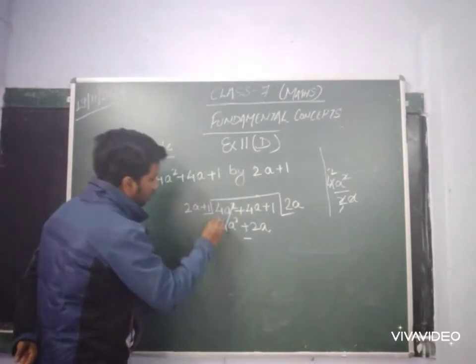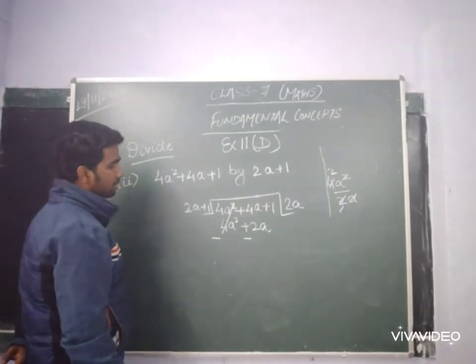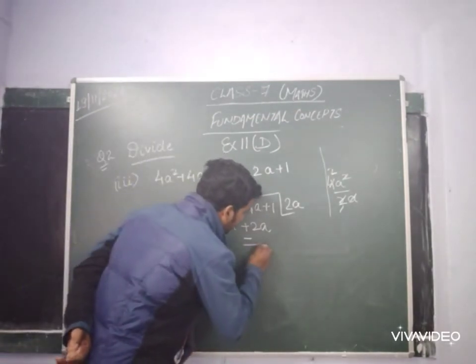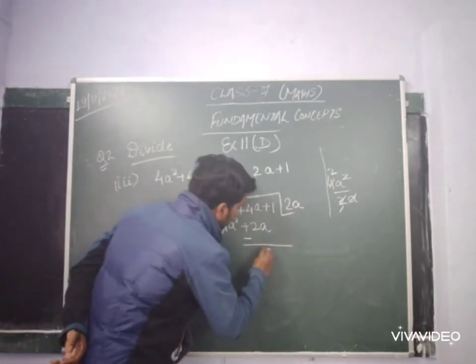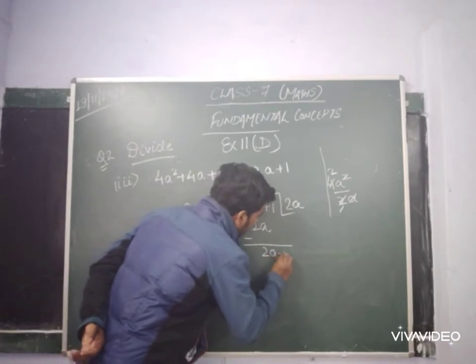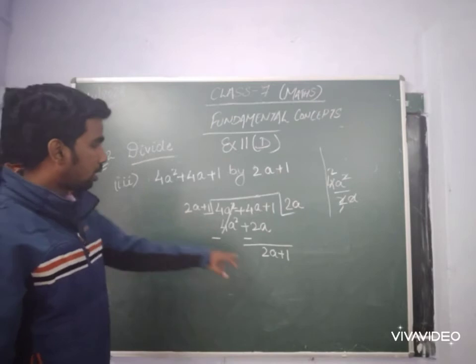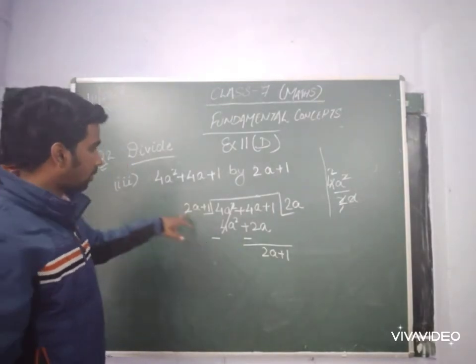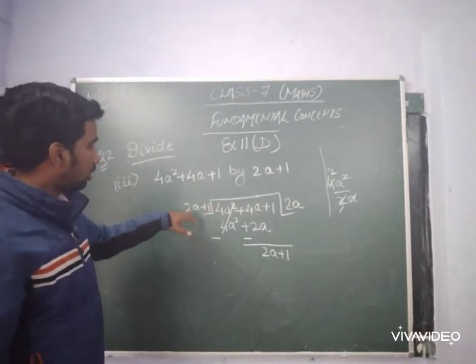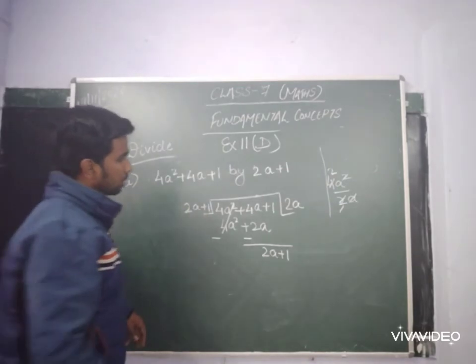So 4a square and 4a square will be cancelled. And what is left with us? This is 2a plus 1. Okay. Now, in order to subtract this, we will multiply 1 with this expression.